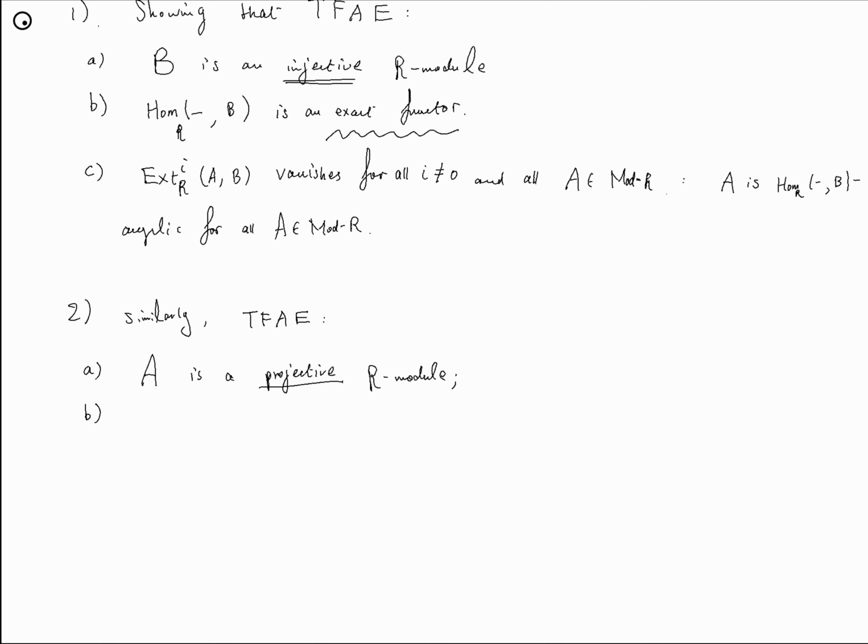Secondly, this is an exact functor. Thirdly, sorry, let me add one more. So here, Ext one vanishes. So obviously C implies D, but actually this is equivalent.